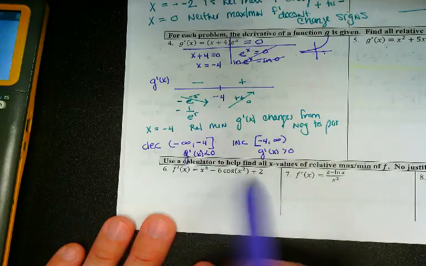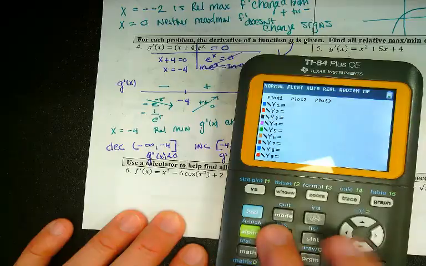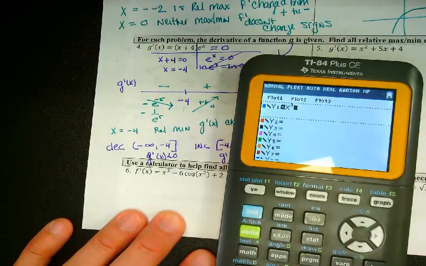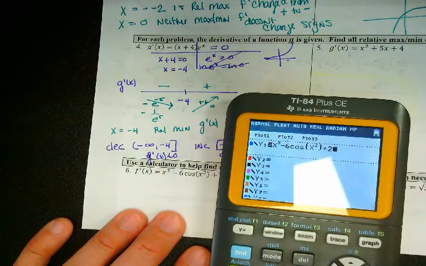This is super nice because it already is the derivative. So all I have to do is graph this thing. 6 cos of x squared plus 2. And after we type it in, we're always going to start on zoom 6.